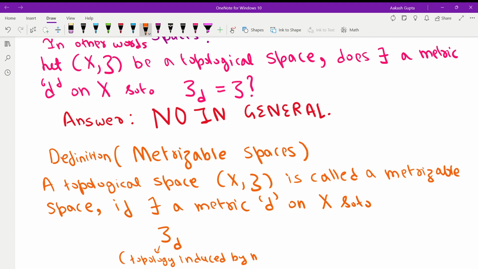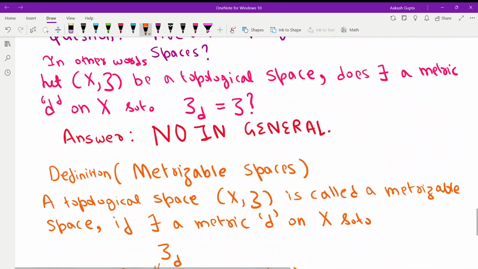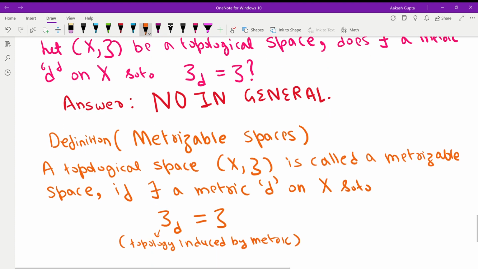This is basically the topology induced by the metric, because we are forming this like what I have defined above, tau d. I am following the same notation, okay? So if this is the same as tau, then it is metrizable. Not all topological spaces are metrizable spaces, and we are going to show this in an upcoming lecture, and I want to stop here.